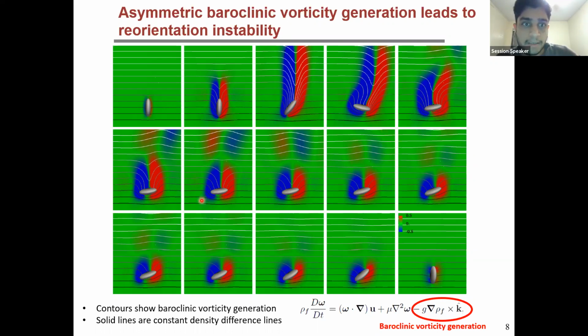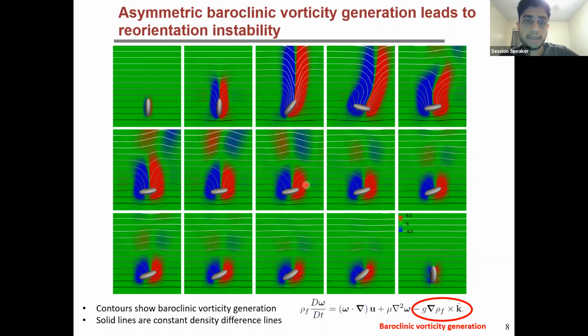And as the particle decelerates, this vorticity generation around the particle due to the deformation of isopycnals remains asymmetric, and this green thin line, which basically separates the regions of positive and negative vorticity, predominantly remains on one side of the spheroid. And because of that, there is a constant torque which the spheroid experiences.